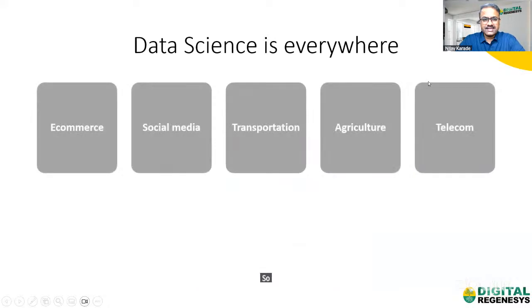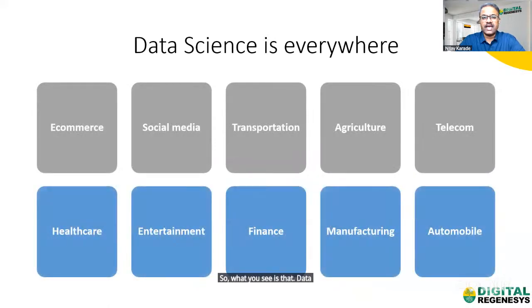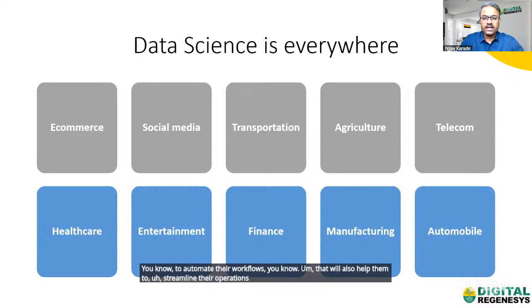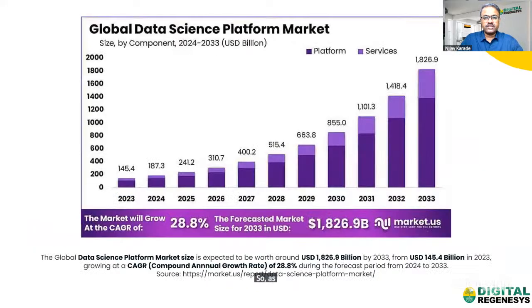So what you see is that data science is everywhere because of its ability to create insights from the data, and you can use those insights to make data driven decisions. All the organizations now want a smart intelligent system to automate their workflows, which will also help them to streamline their operations, right? As a result, data scientists are in big demand.